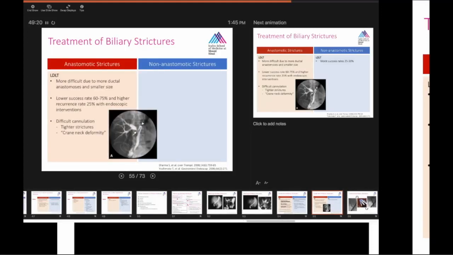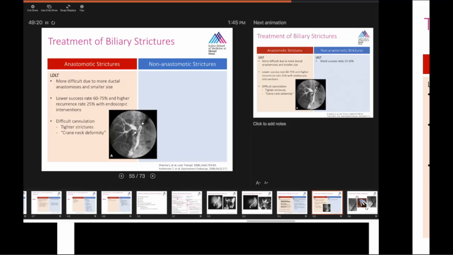Now, for living donors, they're more difficult because there are more ductal anastomoses. The success rate is expectedly lower, and the recurrence rate is higher. It's also more difficult to cannulate because the ducts are smaller, so the strictures are tighter. And then there's this crane neck deformity that's described by the Japanese. So this is the recipient duct over here.